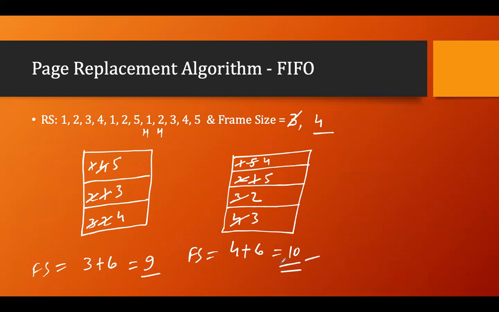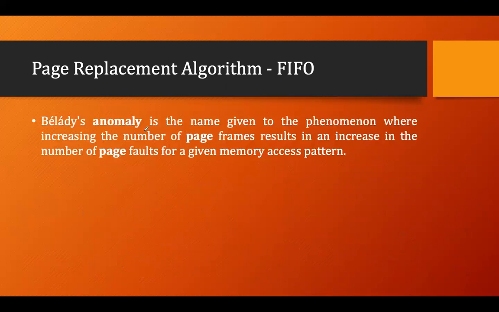That particular phenomenon is called Belady's anomaly. Belady's anomaly is the name given to the phenomenon where increasing the number of page frames results in an increase in the number of page faults for a given memory access pattern, right? That should not happen; the opposite is happening.